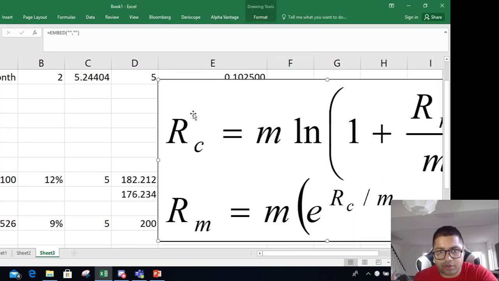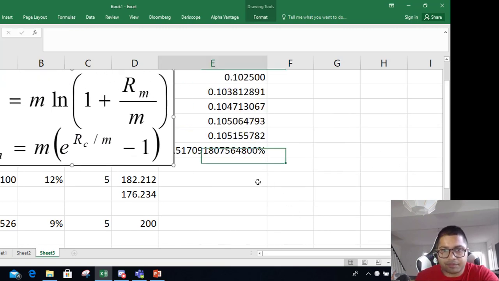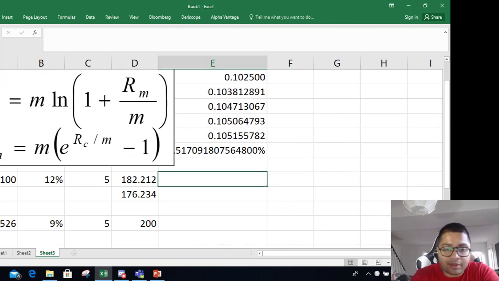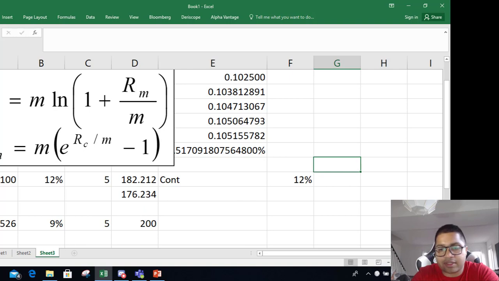Okay, so we are going to use these formulas. Let me shrink it, keep it here. Let's say we are given that the continuously compounded rate is 12%. You have to find the annual effective rate. Now how do you find the annual effective rate? We use this formula. m is the frequency. Frequency for annual is 1.